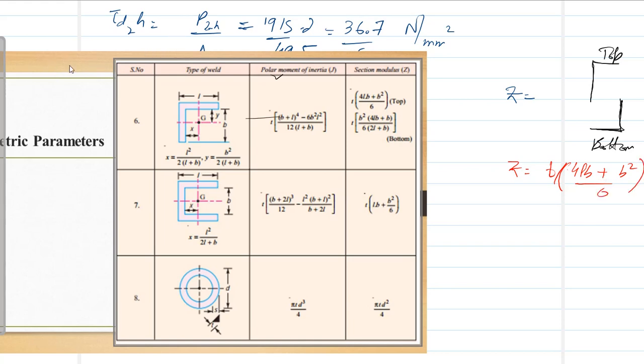And in case we need the value of J, we write the formula of J also. J is equal to T into (B plus L) power 4 minus 6 B square L square, divided by 12 into (L plus B).